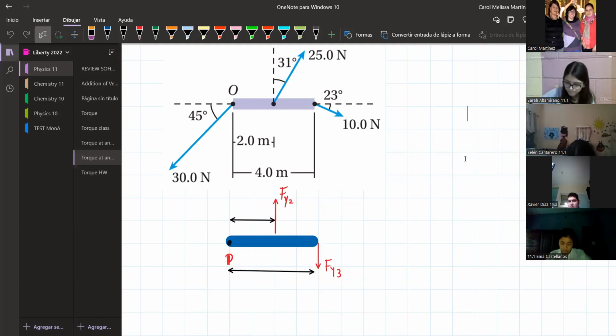More or less like that. So D2 is equal to 2 meters and D3 is equal to 4 meters. Okay, so that's my free body diagram. That is my first step.